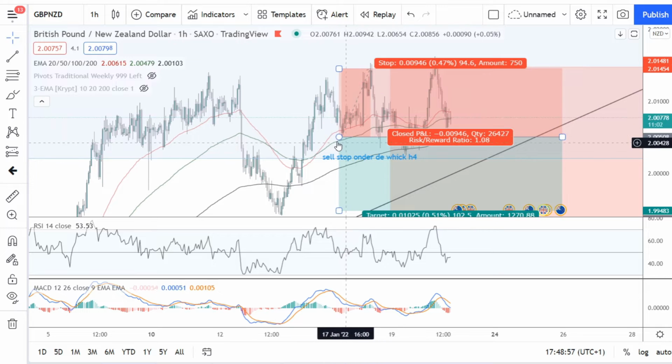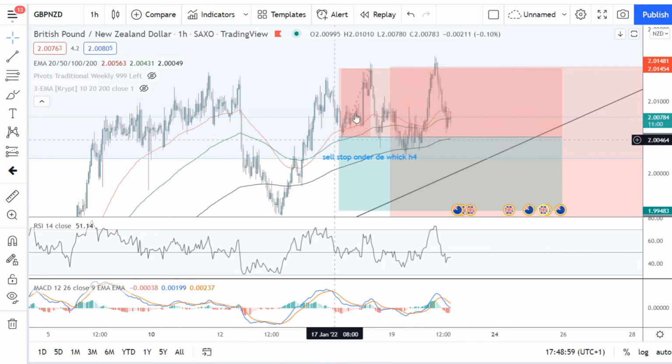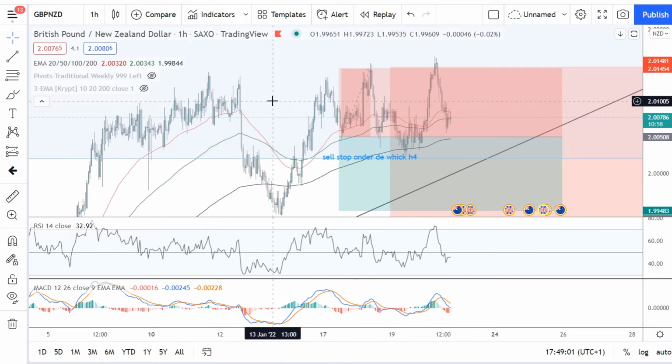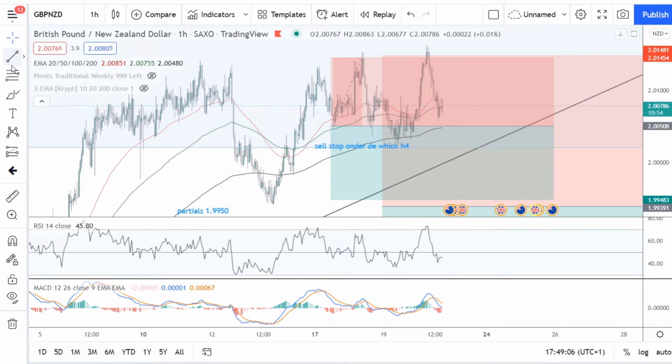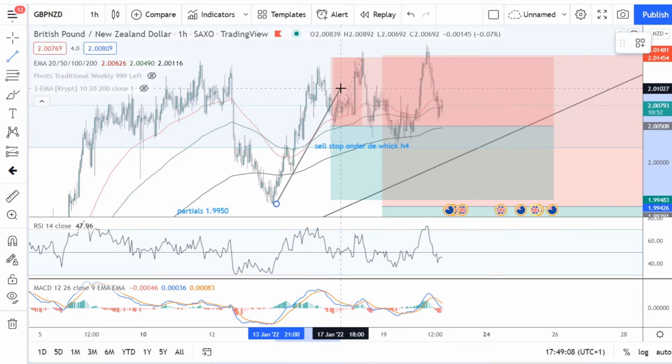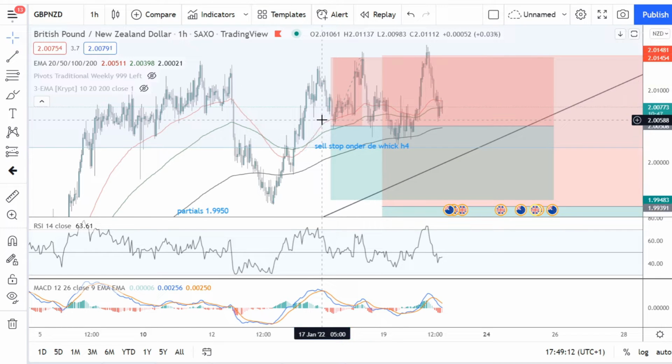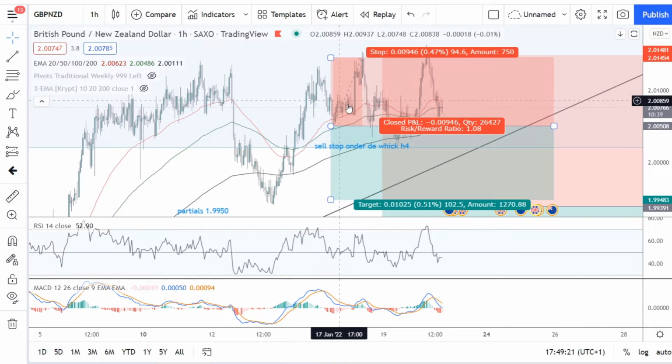So I took the trade about here. It was a daily demand zone and there was a short-term trend line cross, right? So I was like, okay, I saw multiple confluences, but this was something that I'm seeing right now as well. So I was like, well, we need to go down.